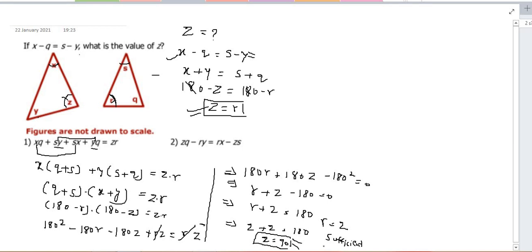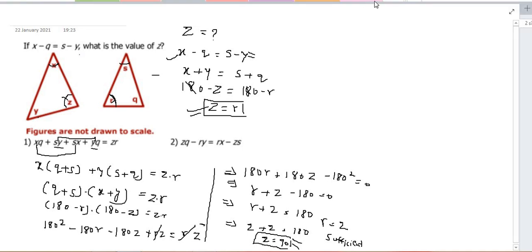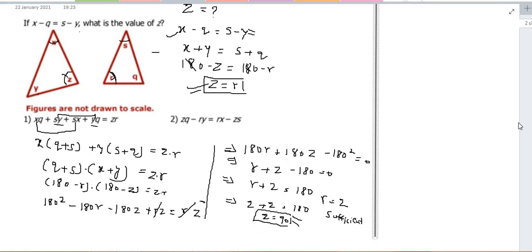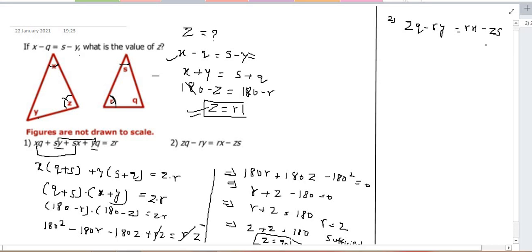Okay, now let's evaluate statement 2 alone. Let me just make a partition over here. So let me rewrite statement 2 there. Statement 2 is ZQ minus RY is equal to RX minus ZS.